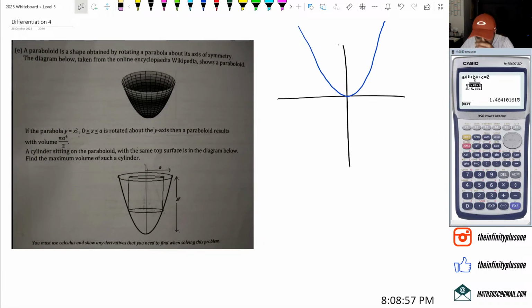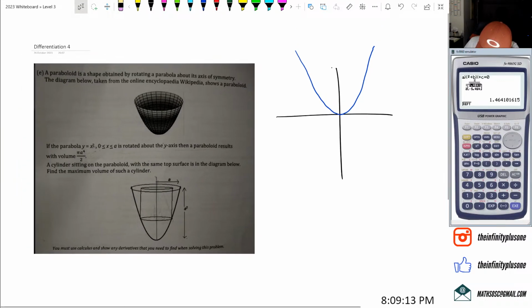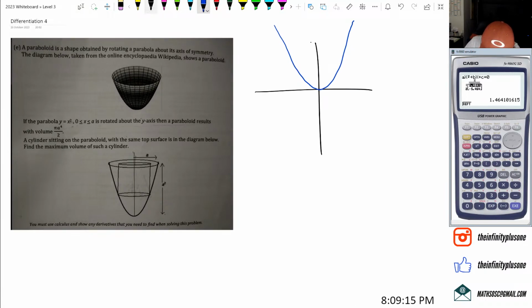Now the next thing, what do we have? A is the maximum distance for this. So A goes from there to there. I'm going to stop this parabola at about here, so this distance is A and this distance is A squared.